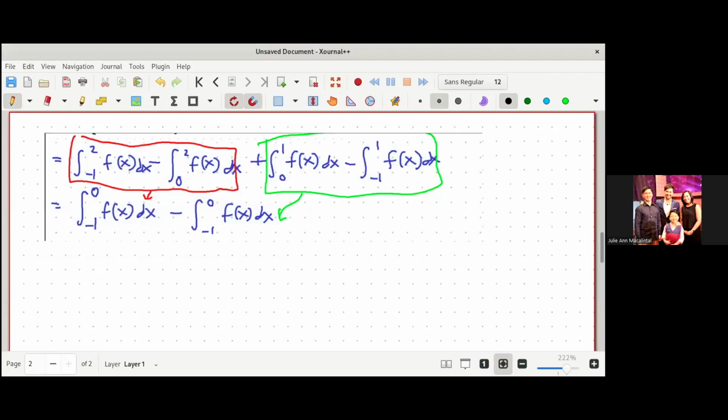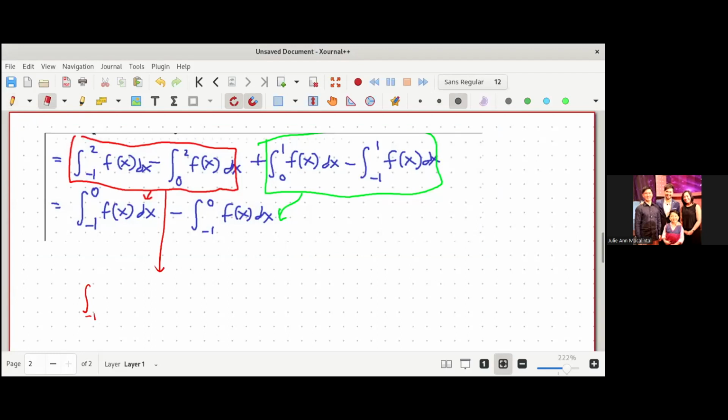Opo. So, ito, expand out natin yung justification. So, this is first theorem. First step, hindi ko muna gagalawin yung 0 to 2.